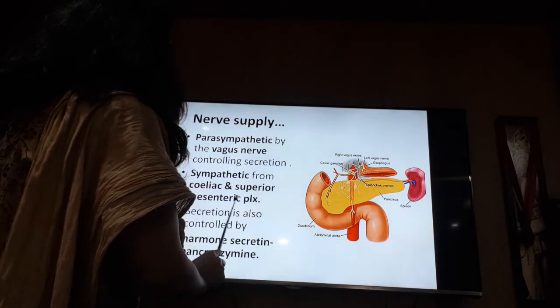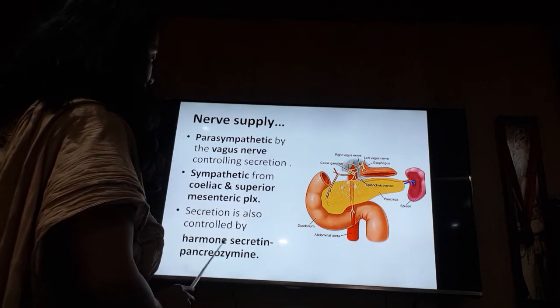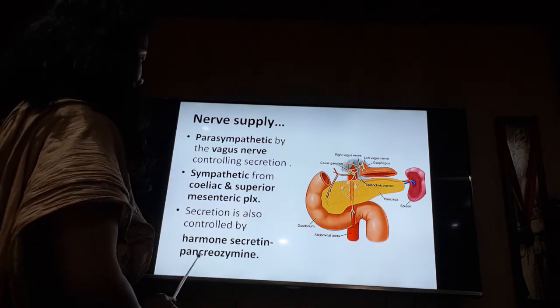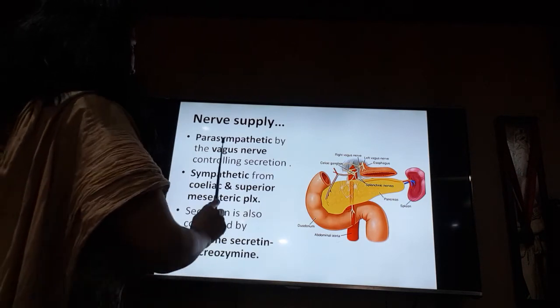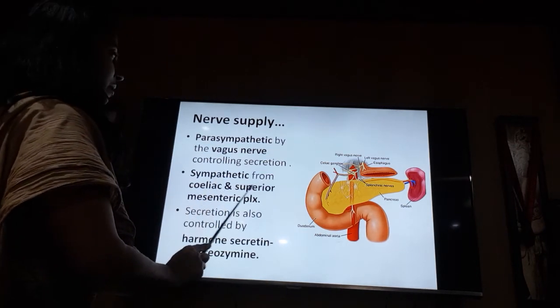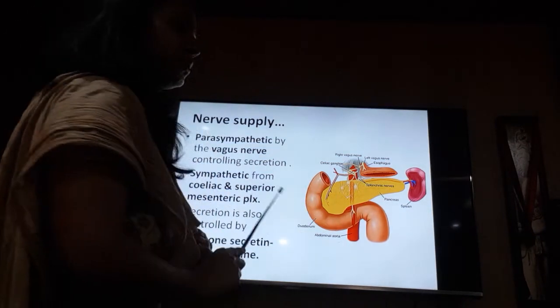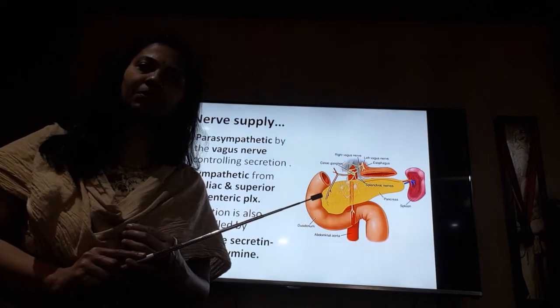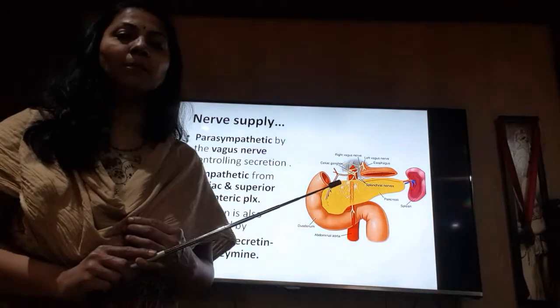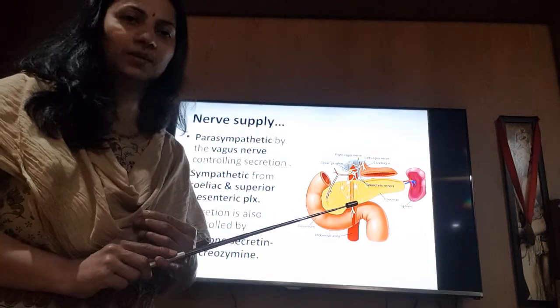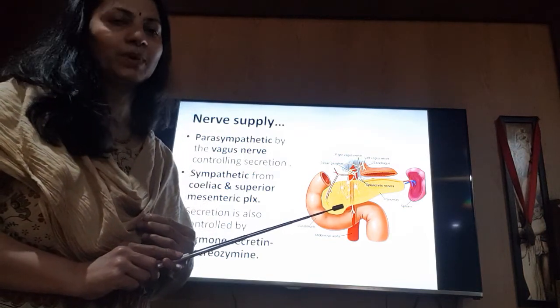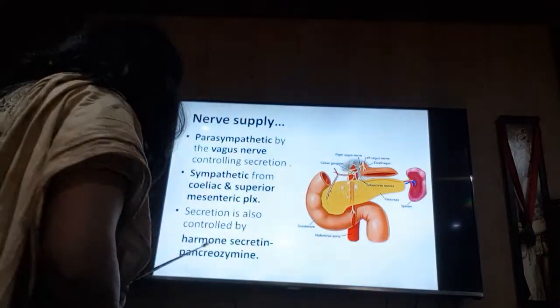And secretion is also controlled by hormones, secretin and pancreozymin. So there is control over the secretion, parasympathetic as well as sympathetic, but hormonal control is also there over the secretion by the enzyme secretin.